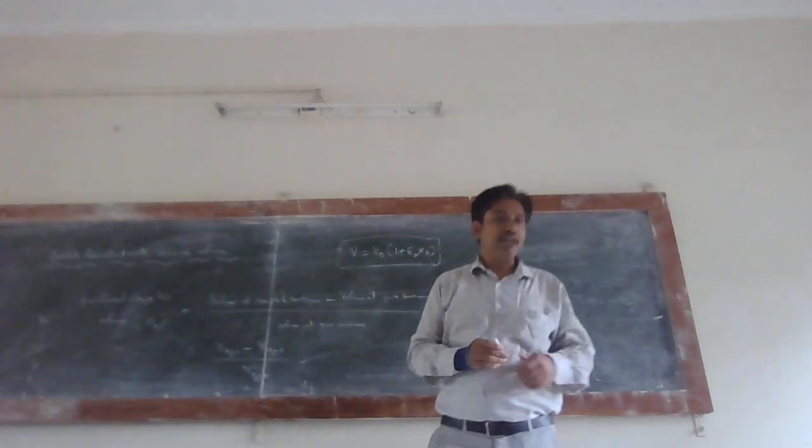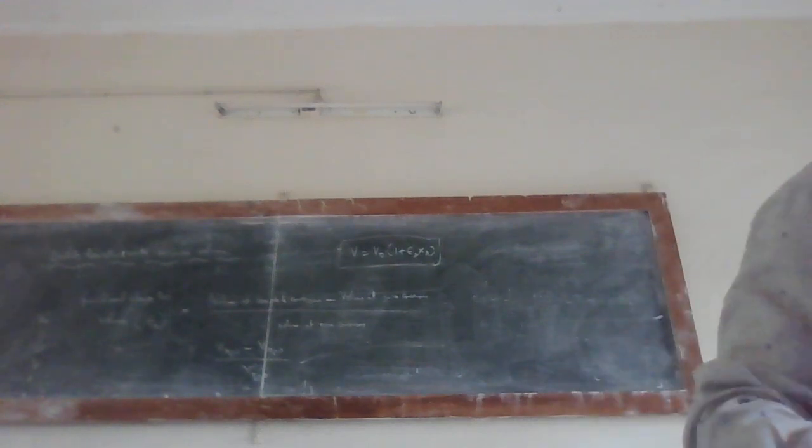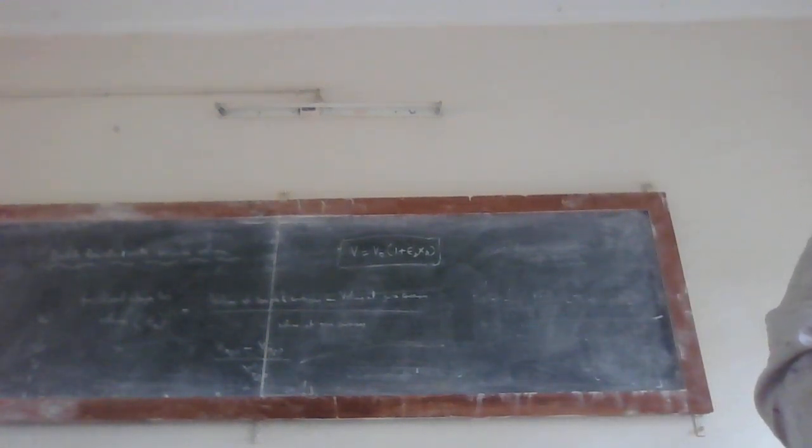Okay. Let's look at the epsilon A calculation for a simple reaction. Maybe I can take an example, A gives 4R.